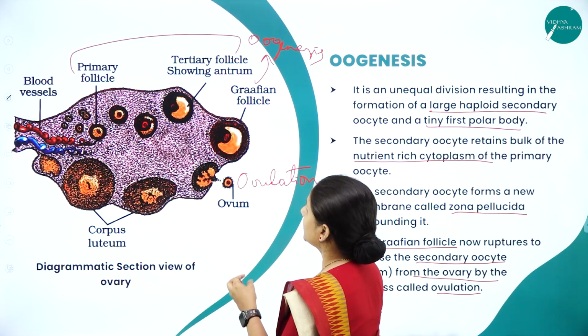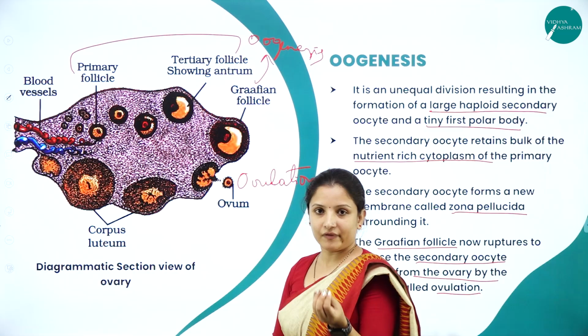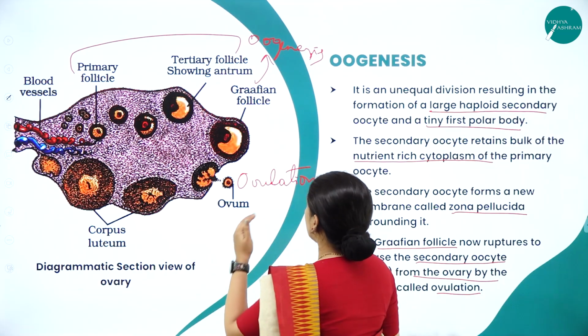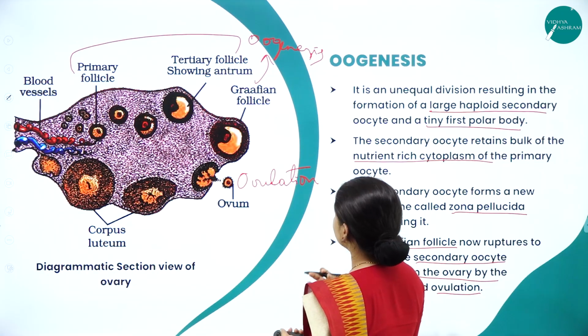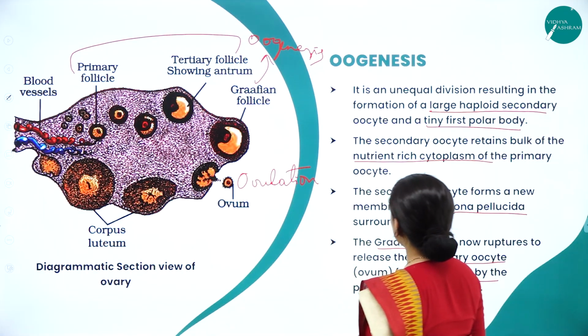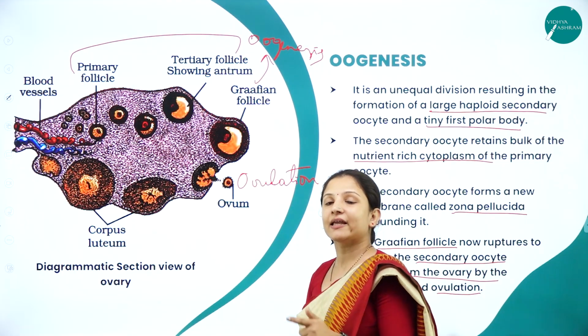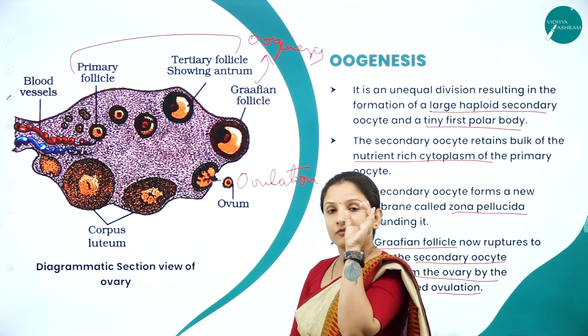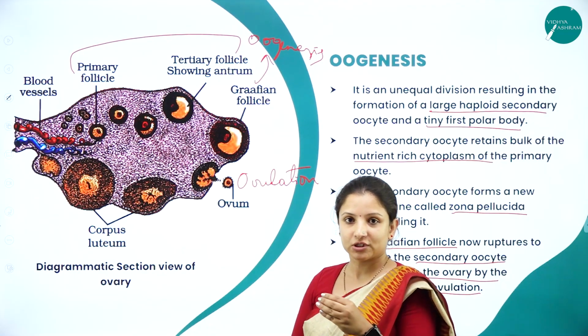The tertiary follicle contains a fluid cavity which is called the antrum. Now that tertiary follicle will undergo its first meiotic division to form the secondary oocyte. Understood? From the primary oocyte to the secondary oocyte, all these processes will occur.